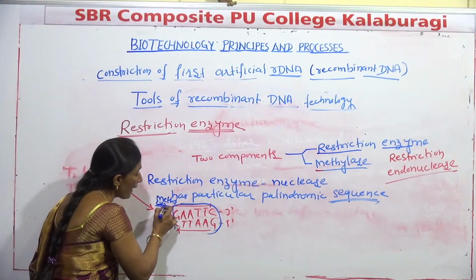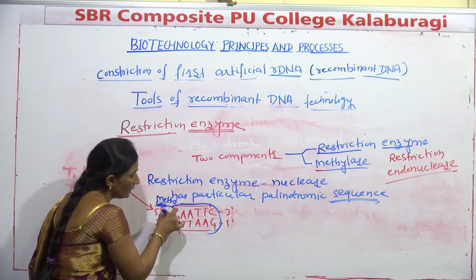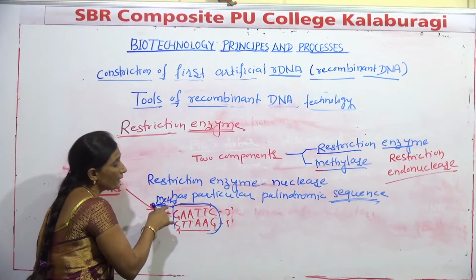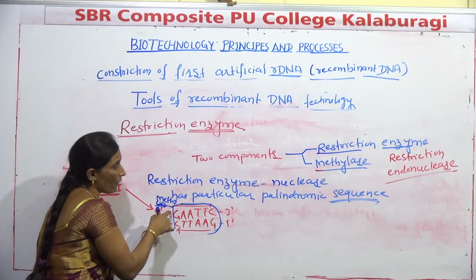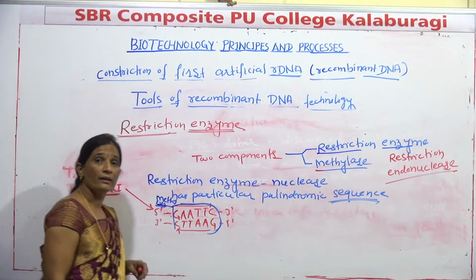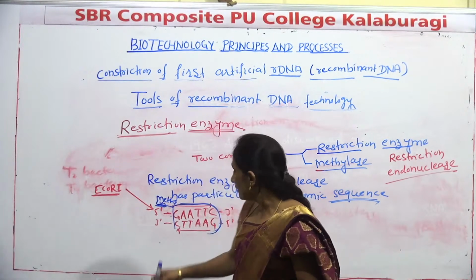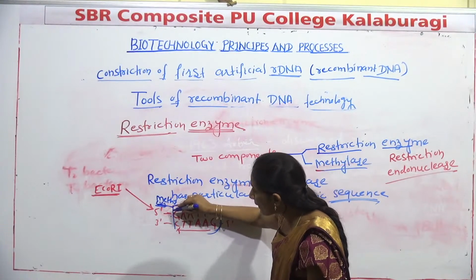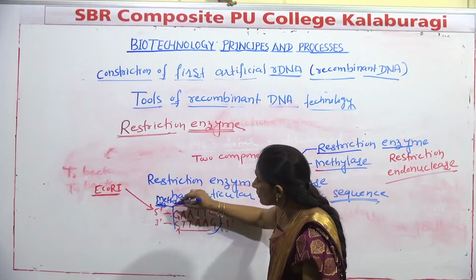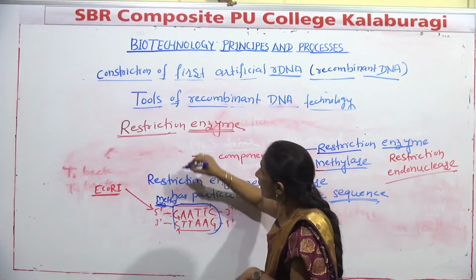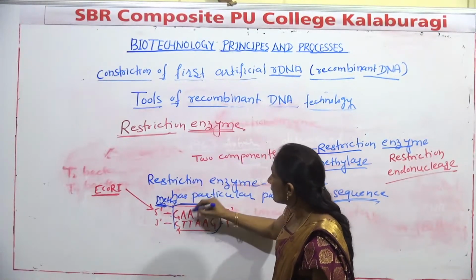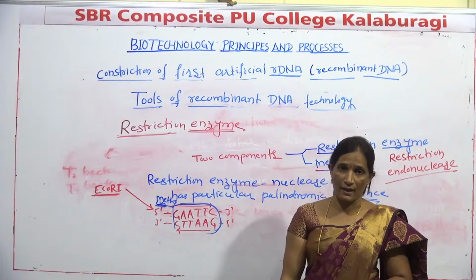When this methyl group is added here, what will happen? It protects the bacteria from this restriction enzyme. Is it clear?